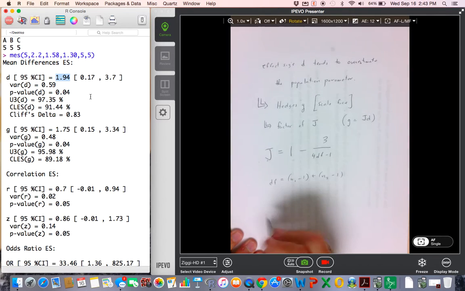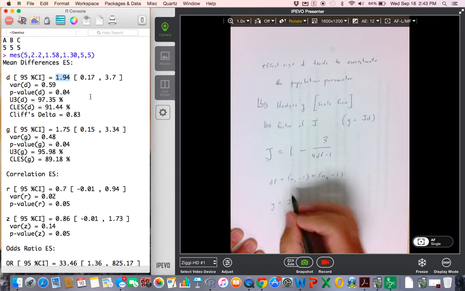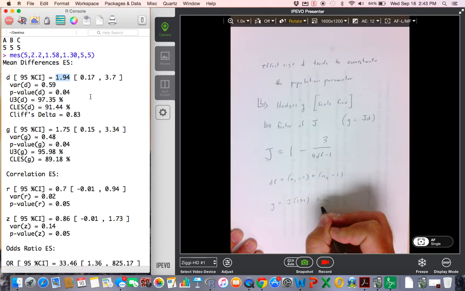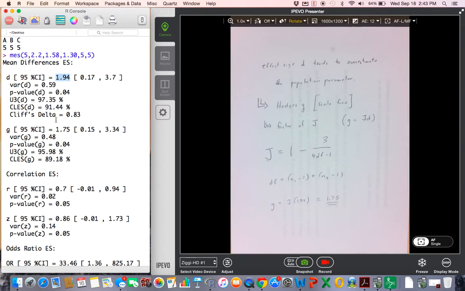So in our situation, our G will be whatever this J is times our D, which is 1.94. And this value will turn out to be the 1.75, which we see from the output right over here. So the effect size for the comparison of Professor A and Professor C, the mean difference, is probably most appropriately reported using this Hedges' G.